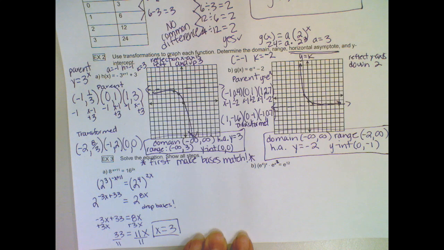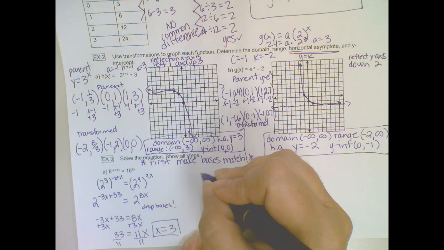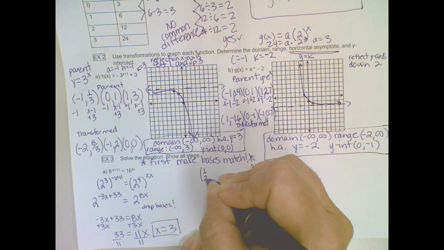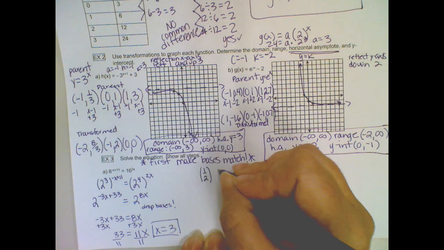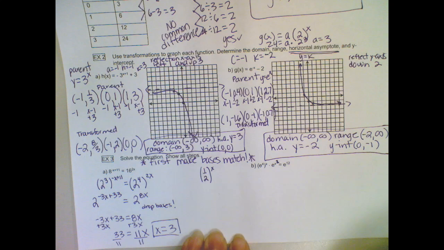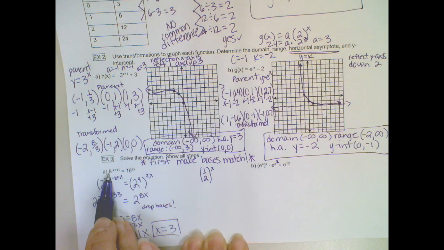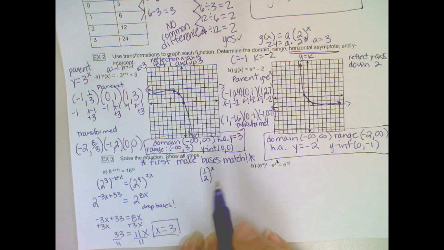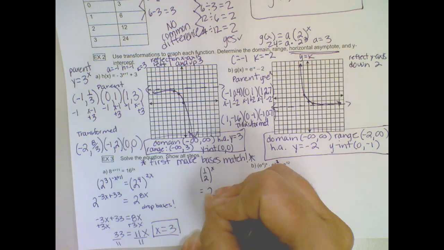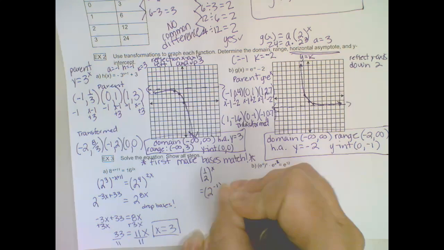Also, I find that sometimes in this section, people forget about negative exponents. So if you have a base of 1/2, for instance, and somewhere else you have a base of 8, like over here, 1/2 is 2 to the negative first, right?